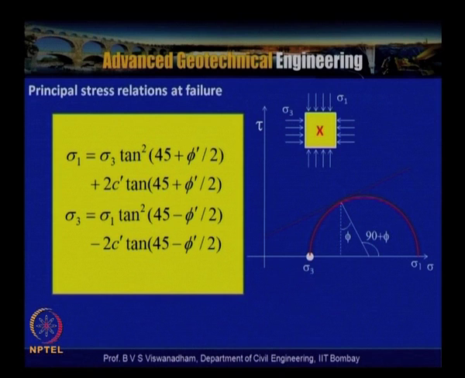So the principal stress relations at failure are further given here, that is for the case where sigma 1 is greater than sigma 3, sigma 1 is equal to sigma 3 tan square 45 plus phi by 2 plus 2c tan 45 plus phi by 2, and when you have a situation where sigma 3 is equal to sigma 1 tan square 45 minus phi by 2 minus 2c tan 45 minus phi by 2. So this is in case you are having both c and friction angle.